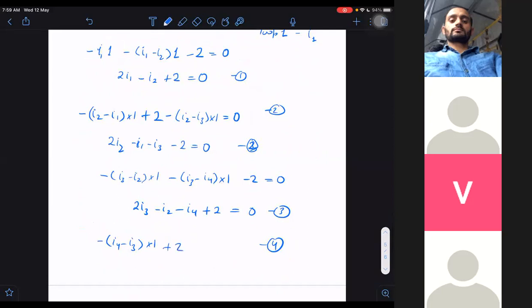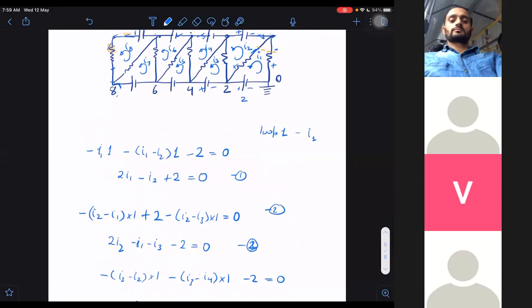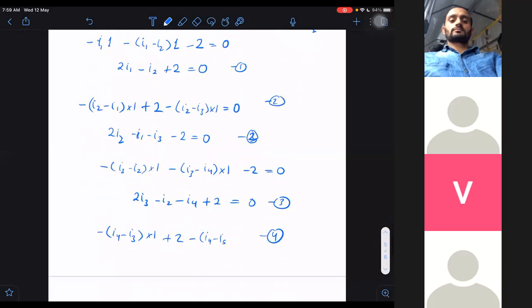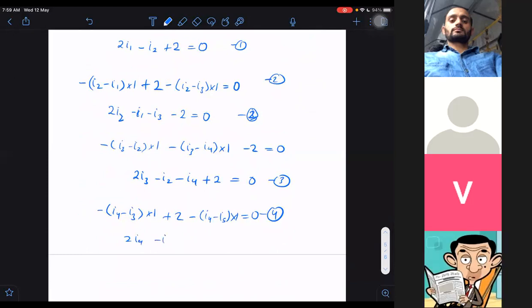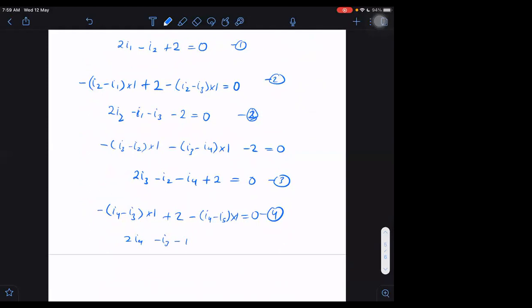Then minus of I4 minus I5, into 1, is equal to 0. We can write it as 2I4 minus I3 minus I5 minus 2 is equal to 0. That is equation number 4.